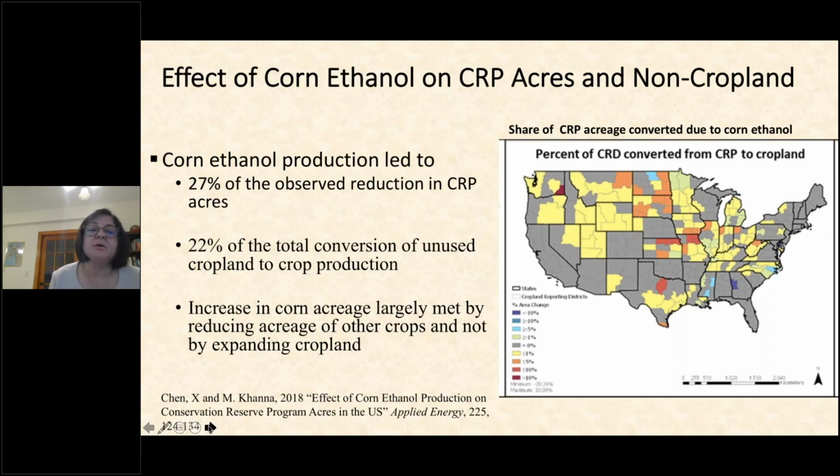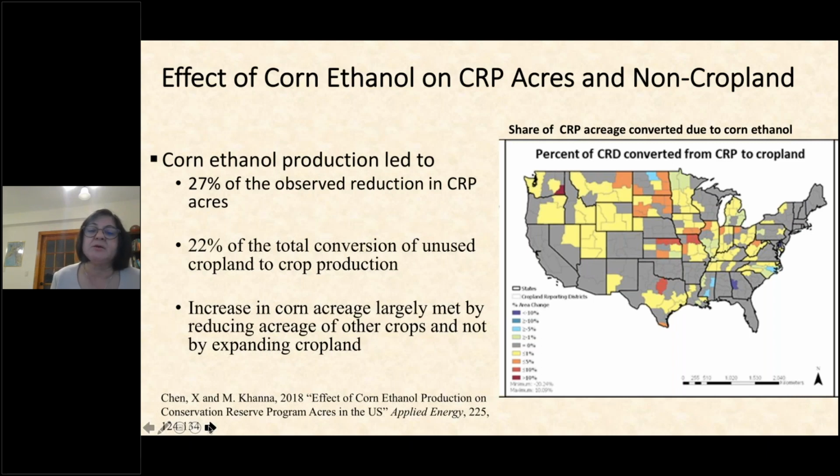This slide shows, and the map shows, how much of the conversion of CRP that you saw on the earlier slide could be attributed to corn ethanol. What we found is that of the land that was expiring and exited the CRP, only about 27% of that could be attributed to corn ethanol.